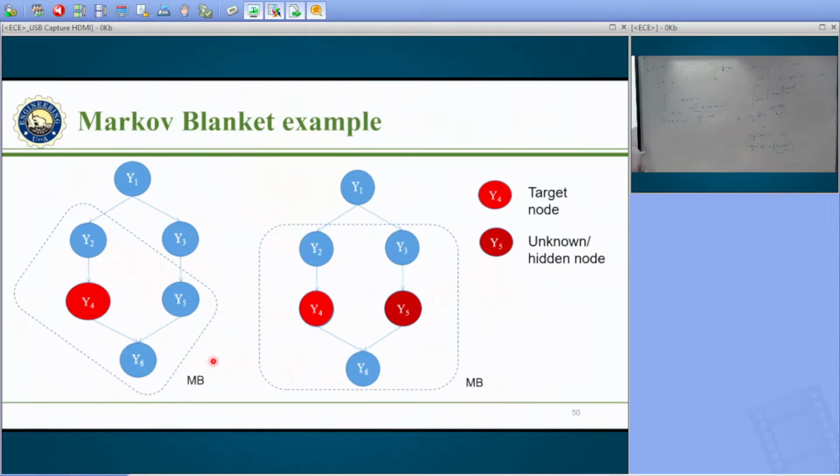So now I will write the joint density function. Okay. So let's suppose for this variable, how do you write a joint density function for this system itself? Let's write a joint density function for Y4, or Y6, okay.